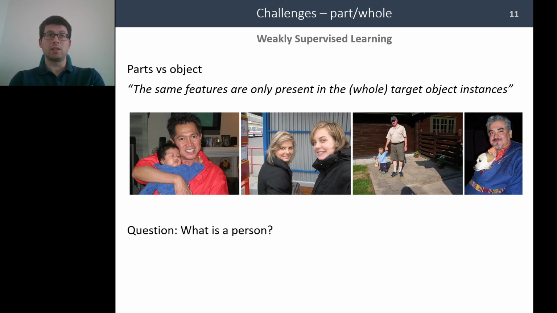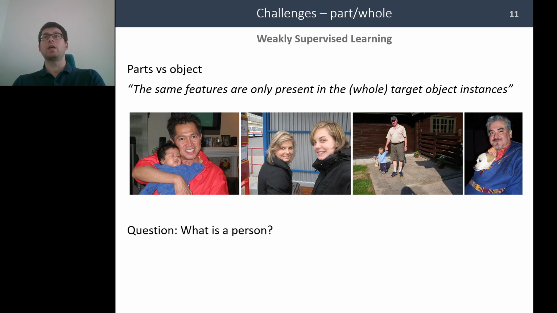So what are the challenges specific to weakly supervised learning? If you look at our assumption, we assume that the discriminative features are present on the whole target object instances. But this is not always the case. For example, if you look at these images, these are all labeled as the person category.